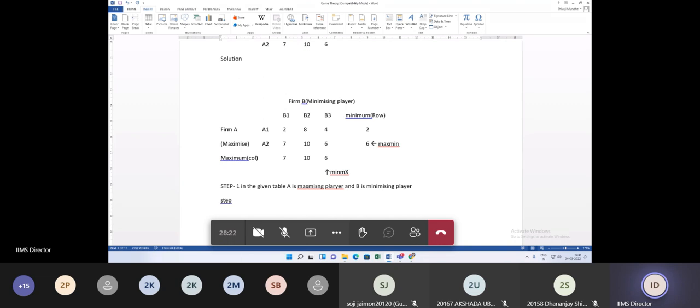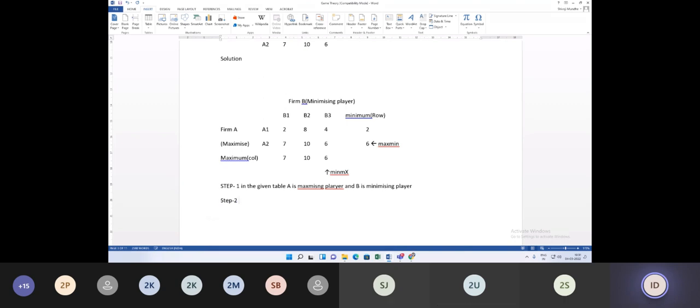Step 2: select the minimum of the first row, that is A1 is 2 and A2 is 6.